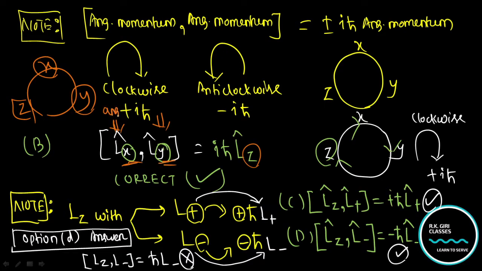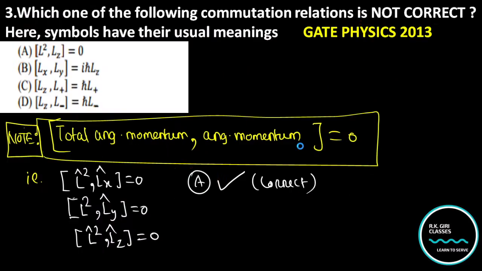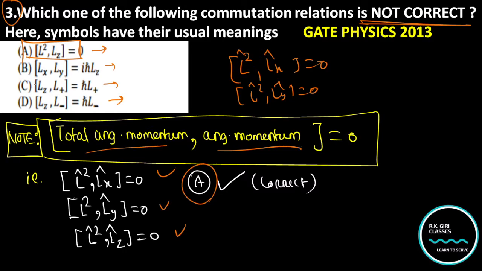This is angular momentum with angular momentum, so the result will be angular momentum, that is Lz. Now the question is whether it is plus i h cut or minus i h cut. Since we are starting from x and reaching towards y, this is the clockwise direction, so it is plus i h cut Lz. So see this one, this is plus i h cut Lz. That means option B is also correct.